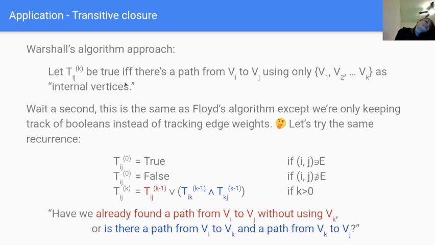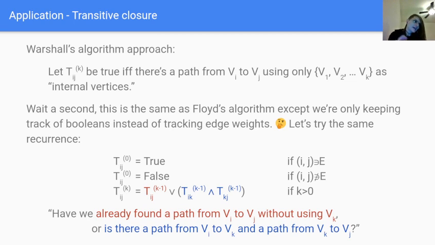And notice this is the same as Floyd's algorithm, except instead of adding up path lengths, we're just saying there is a path or not. And that makes sense, right? Floyd's algorithm was interested in the shortest path we can find from some vertex i to vertex j. But Warshall only cares about if there's a path at all between vertex i and vertex j. So it's kind of boiling it down to an even simpler problem.